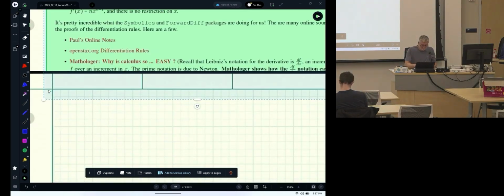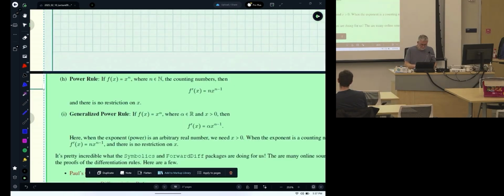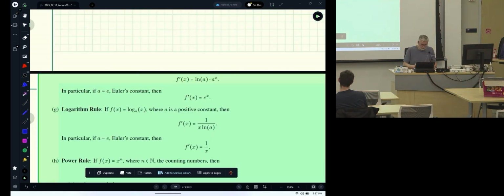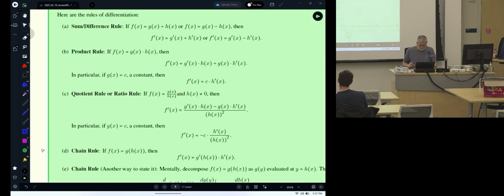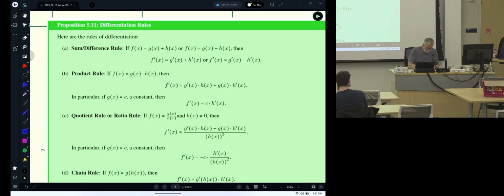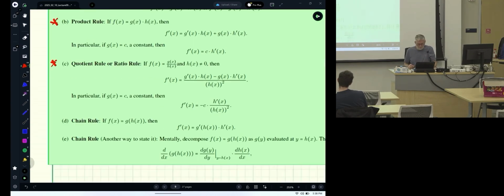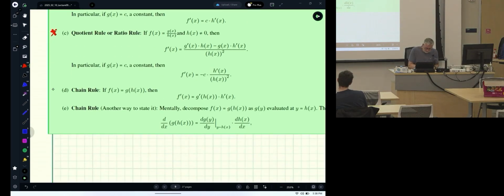Okay, so I'm just going to move it to a different page. So this one you will or have used on a daily basis. The derivative of a sum is the sum of the derivatives. How do you differentiate the product of two functions? Quotient rule and the chain rule.